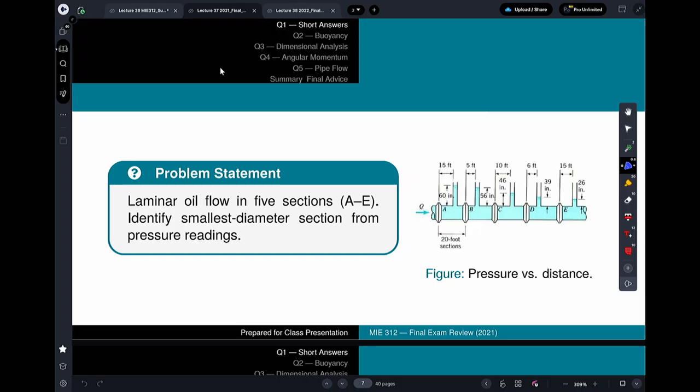Laminar oil in 5 sections, A to E. If you notice, these 20-foot sections have these various manometers placed in there: 60 inches, 20-foot sections, 5 feet from the flange, 56 inches to the next one, 46 inches, 10 feet to the flange, or to the manometer or piezometer, etc., 15 feet, 6 inches.